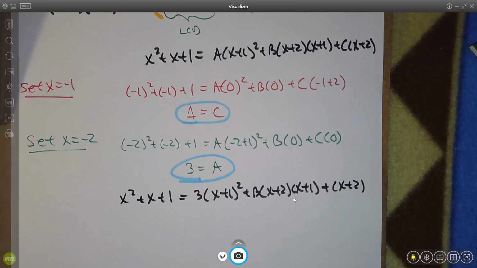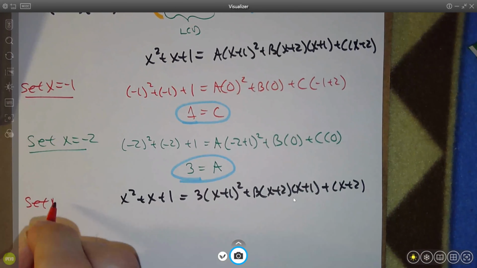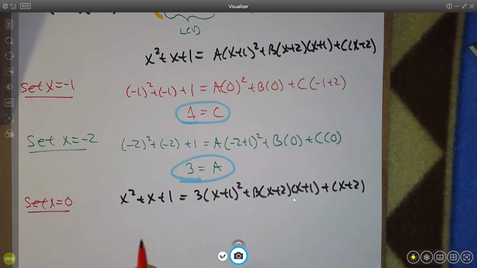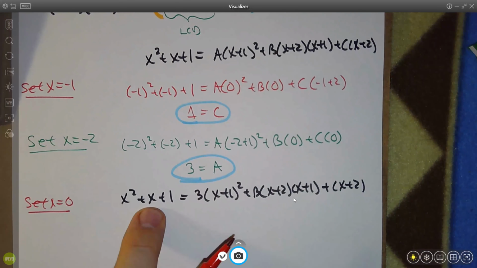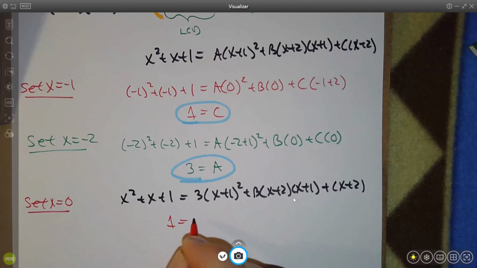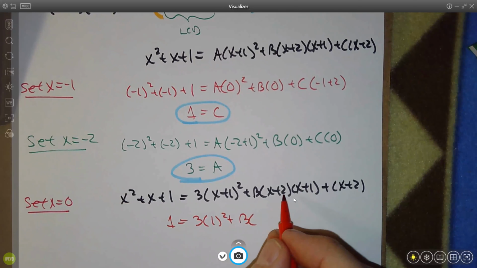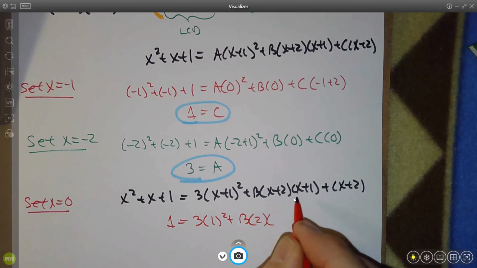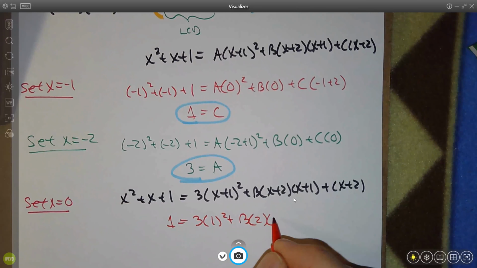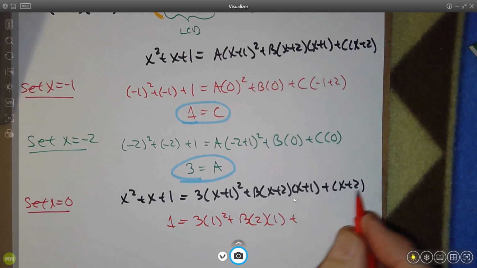So let's see if we can't choose a particularly easy value for x. And I'm going to go for x equals 0. Because that's going to be 0, that's going to be 0. I'm going to get 1 equals 3 times 1 squared plus b times 0 plus 2 is 2. 1 plus 0 plus 1 is 1 plus 2.